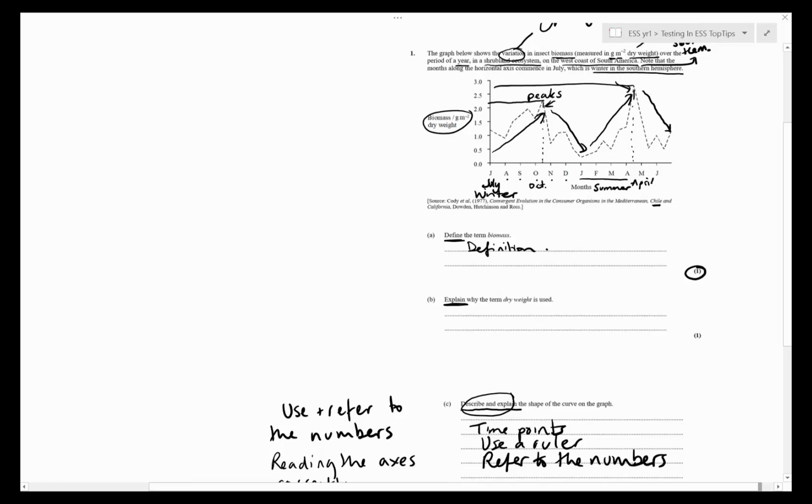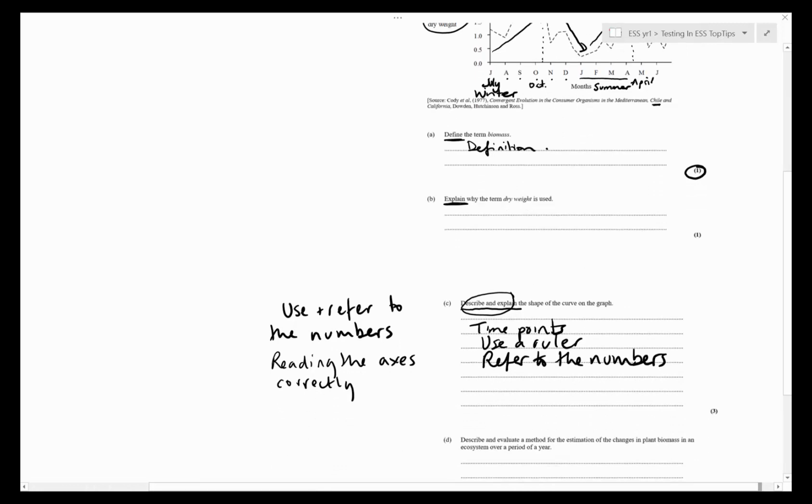In this case, we've got a peak, and it's about 1, 2, 3, 4, 5, 6 months apart. Okay, so another advanced technique is to do some simple calculations.